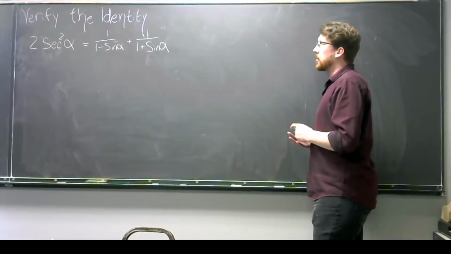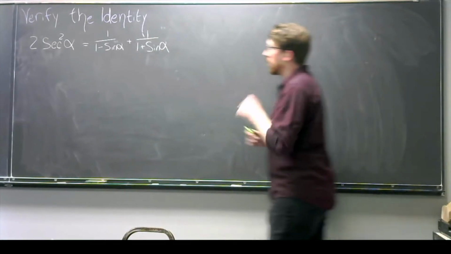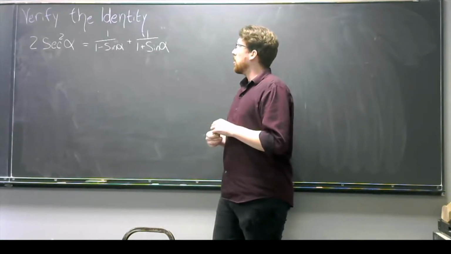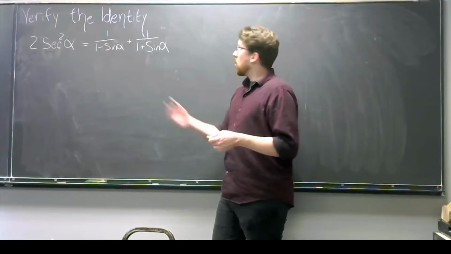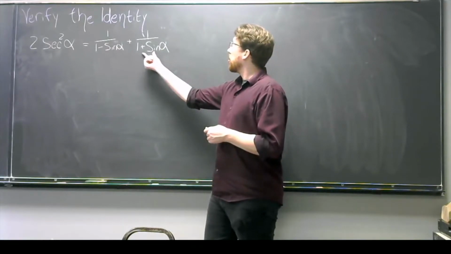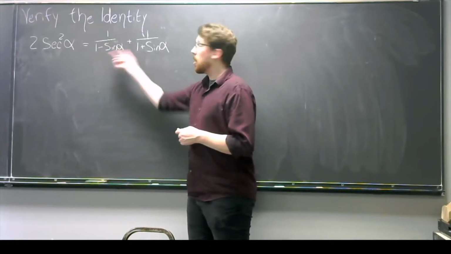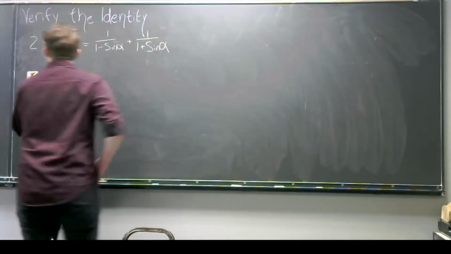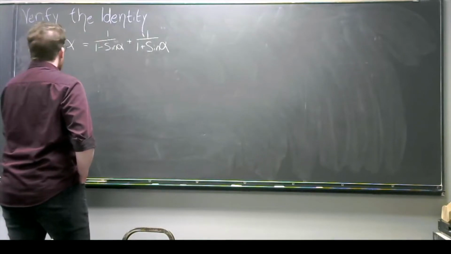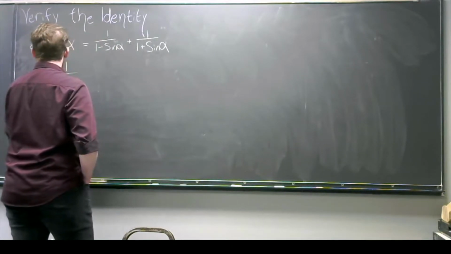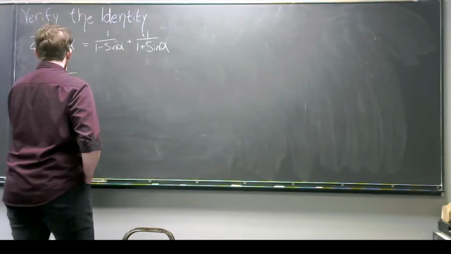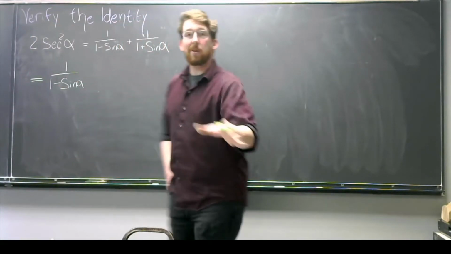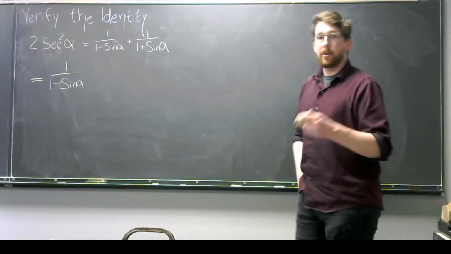Now to do that, what we're going to start off doing is multiplying both of them by 1. But to form this one, we're going to use the denominator of the opposite fraction. So let me show you what I mean. I know 1 over 1 minus sine alpha times 1 is still just going to be 1 minus sine alpha.